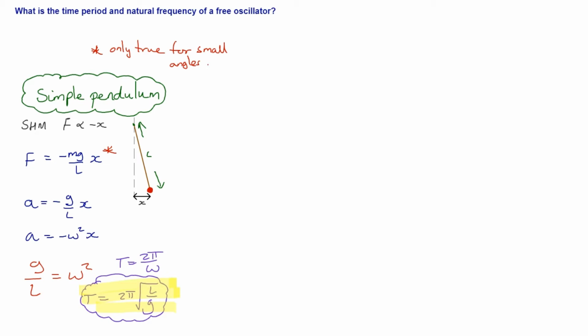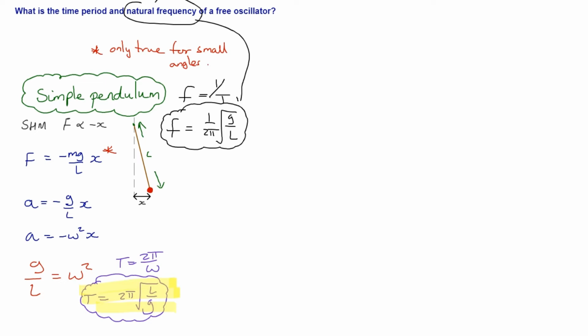So we can say the natural frequency is just going to be 1 over the time period. And if we do 1 over that, then we get frequency as 1 over 2 pi, and we flip it over, root g over L. So we've got a lovely equation there for the natural frequency of a simple pendulum.